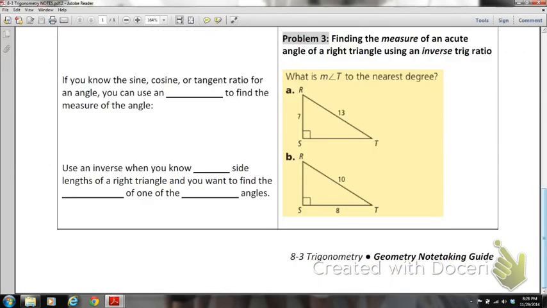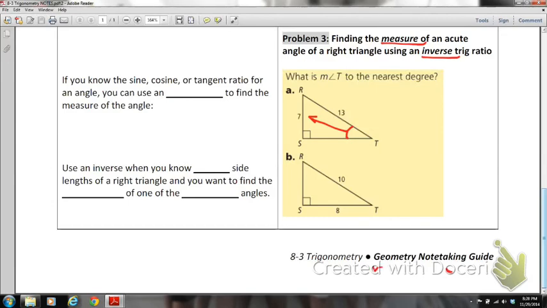Problem 3, you have to find the measure of an acute angle of a right triangle using an inverse trig function. So here it wants to know what is the measure of angle T to the nearest degree. So you look from the perspective of angle T. I know the opposite side is 7, and I know the hypotenuse of this triangle, the side that's opposite the right angle, is 13.